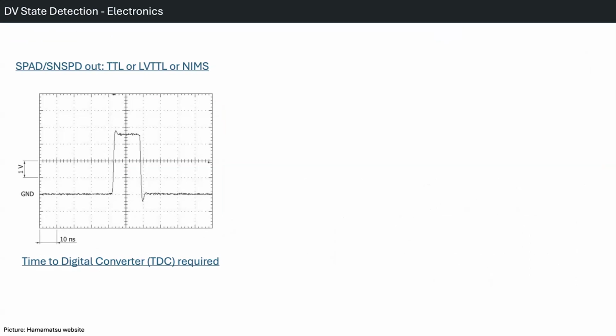It's like a pulse. Depending on your brand, it will be low voltage TTL, etc. It has a little bit of rising behavior and then falling behavior, but we can't easily make calculations on this behavior, right? So what we do generally is convert this signal to some digital form.